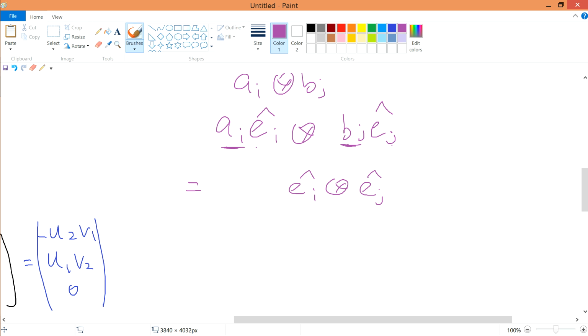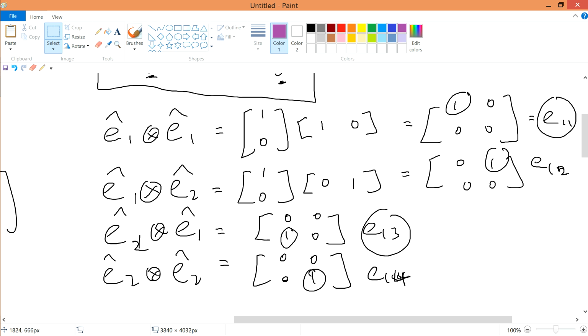So I can just simply write as Ai Bj. Alright, and Ei dyadic Ej is simply what we have said earlier in this form. It's just to create a platform. In this 2 by 2 thing it is just 1 1 1 1.